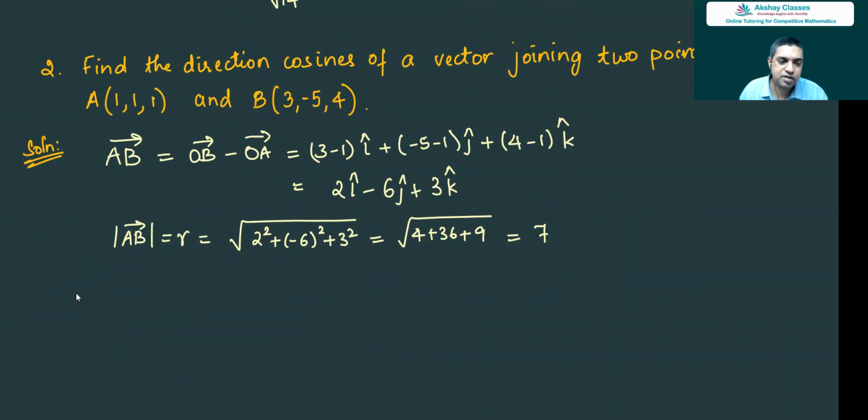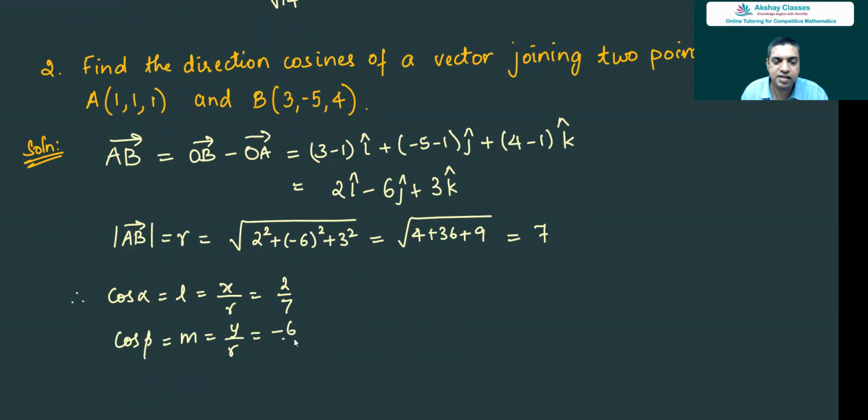Therefore, the direction cosines: cos alpha, which is l, which is x upon r, is 2 upon 7, cos beta is minus 6 upon 7 and cos gamma is 3 upon 7.